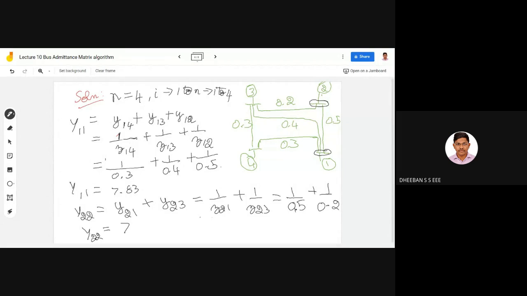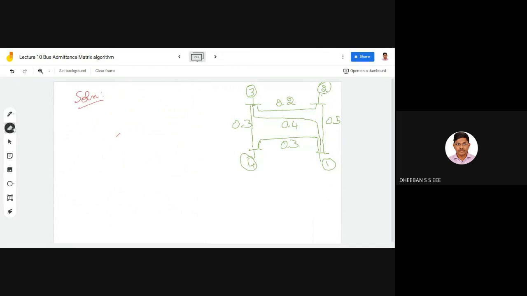Next we'll be moving towards your y33. So y33 will be equal to, again, what are the things connected? y32 plus y31 plus y34.